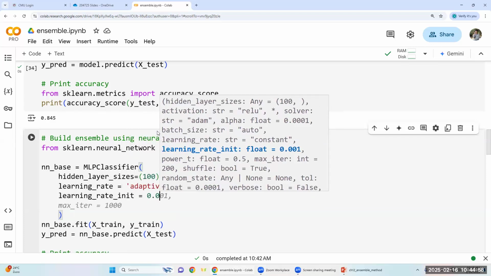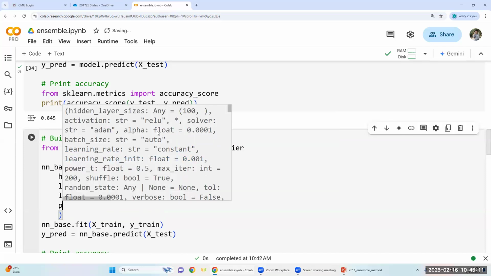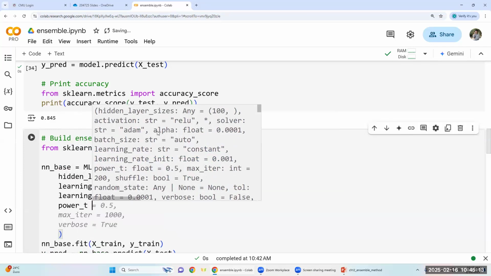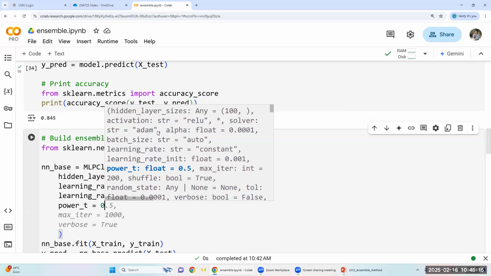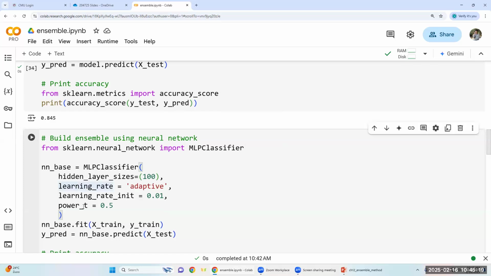Normally if you use adaptive, it's going to go down over time, so you want to start with a higher value, like 0.01 is already high, and then you have power_t be the decay factor. So you can specify all these parameters for the neural network.